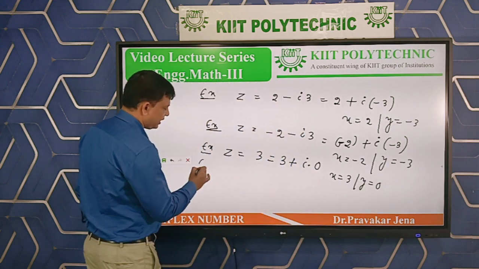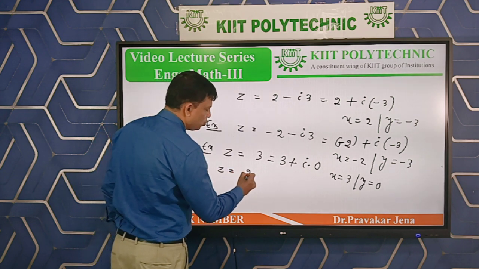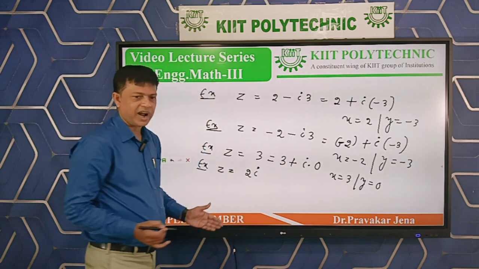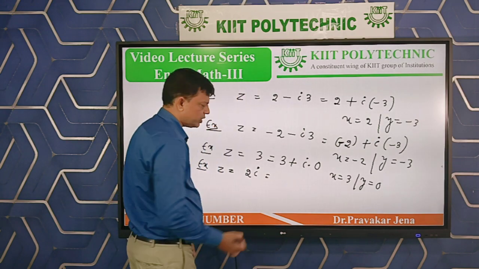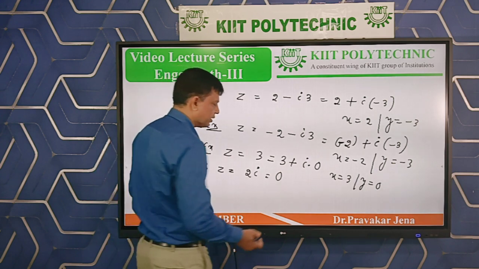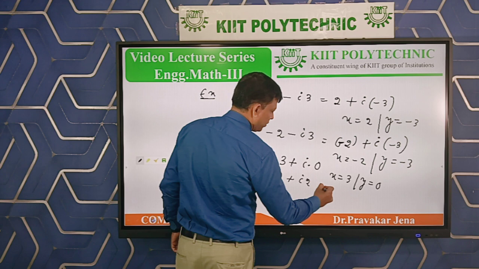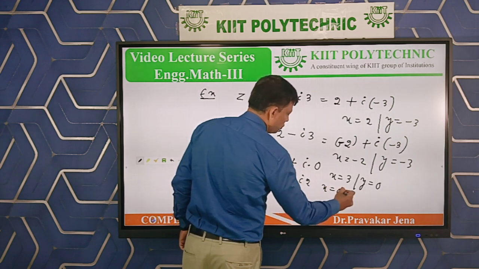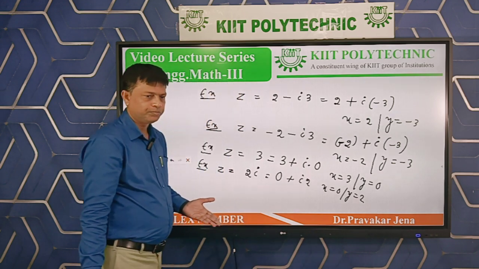Similarly, if another example is z equals only 2i, no real part is present here, then how to make it? If the real part is absent, you write 0. So that is 0 plus i into 2. Then what is x here? 0. And what is y here? 2. This is very simple.